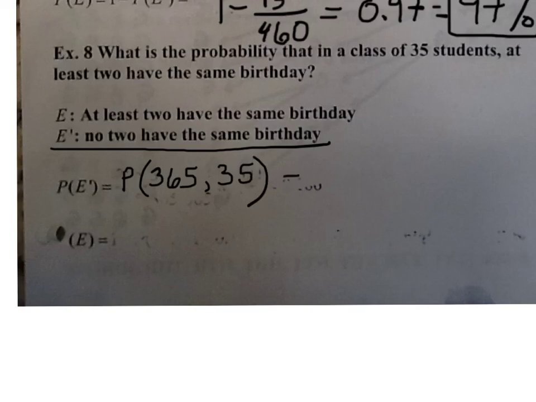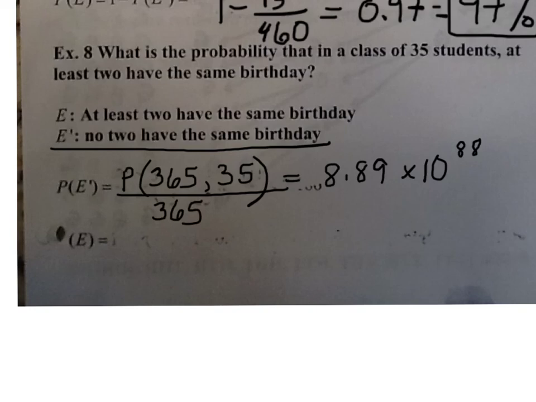So I get this 8.89 times 10 to the, oh boy, is that right? 88. It's crazy. Small, small, small, right? And then if I want to know the probability of that happening, I'm going to take that number over, and here's what we might want to talk about tomorrow. It's kind of tricky. 365, because if I listed it out under each of those 35 spots, to the 35th.